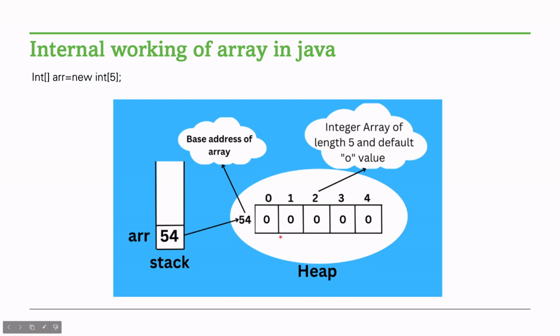Because the space is important, the index is important, and the base address is important in order to calculate the position, or we can say the memory address, of any index in the array. So this is how internally the array is stored and, we can say, managed.